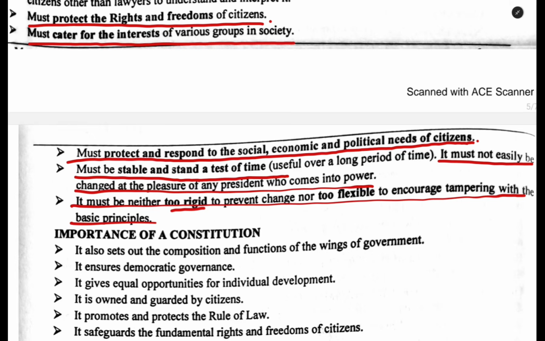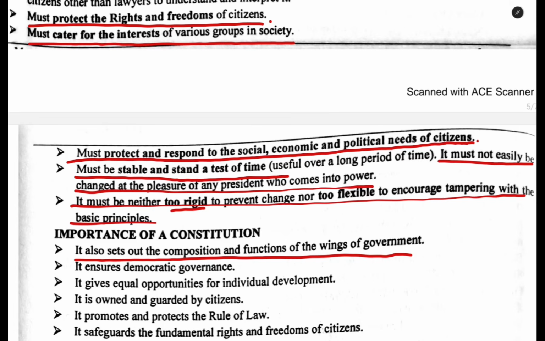One of the importance is that it sets out the composition and functions of the wings of government. We have the legislature, so it sets out who sits in parliament. What about the executive wing?